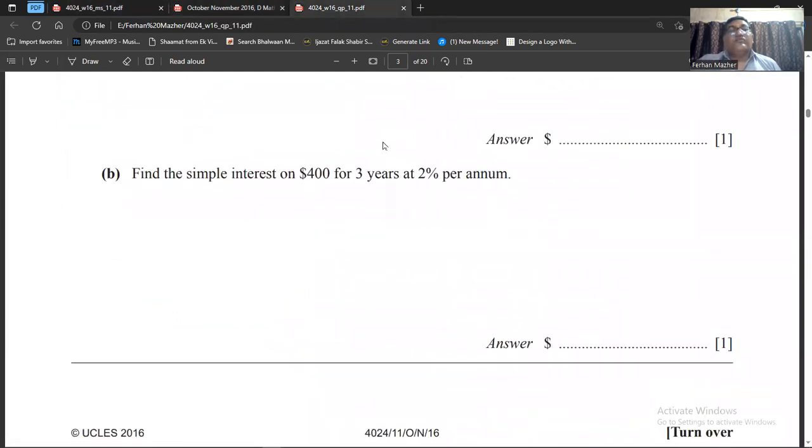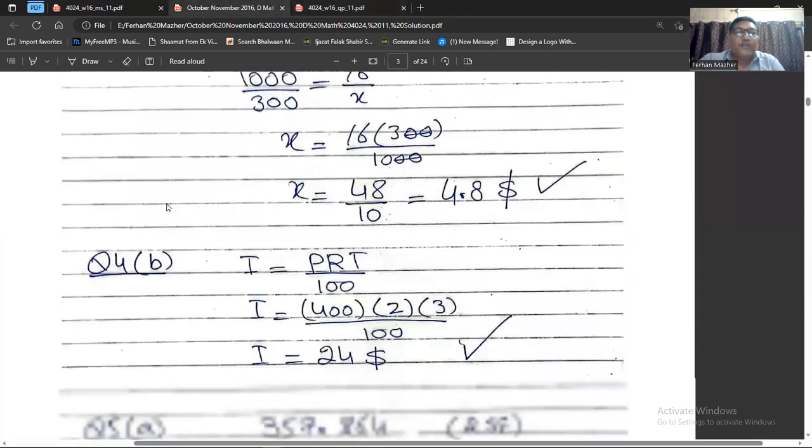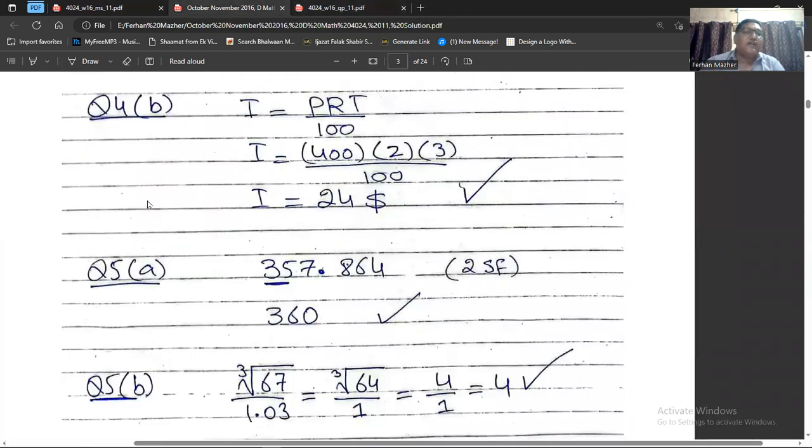Question number 4, it's B part. Find the simple interest on $400 for 3 years at 2% per annum. The principal amount here is $400, the time is 3 years, and the rate is 2% per annum. So you know the formula for the interest is I equals PRT divided by 100.